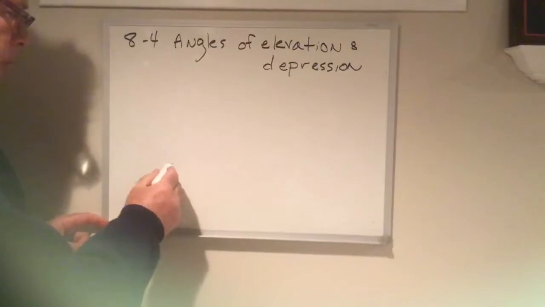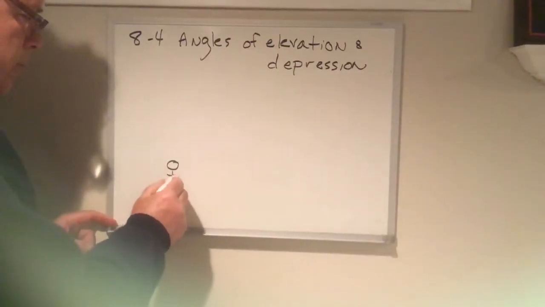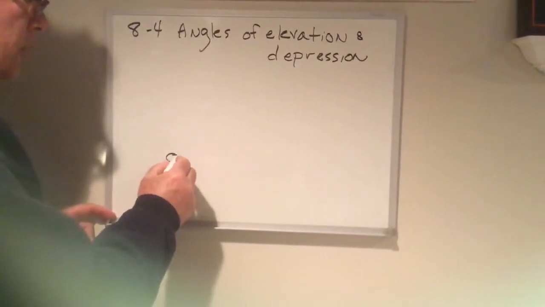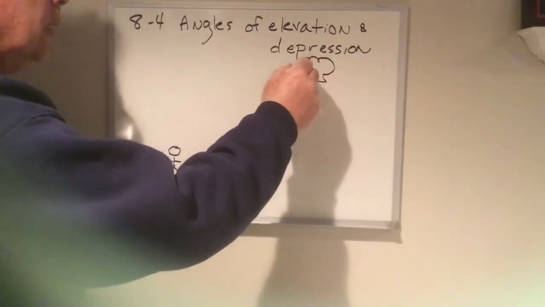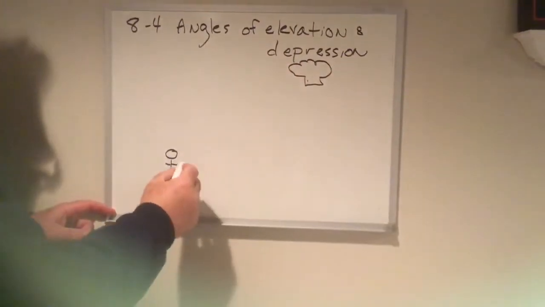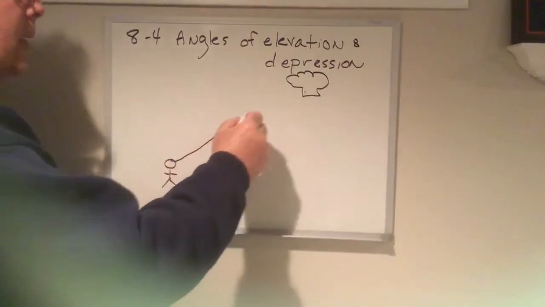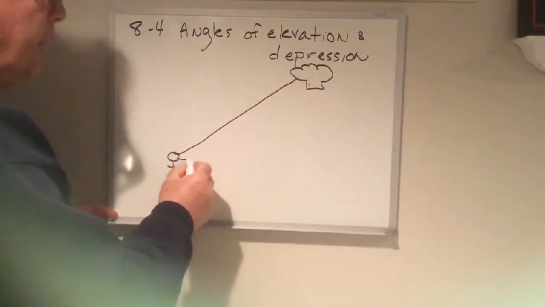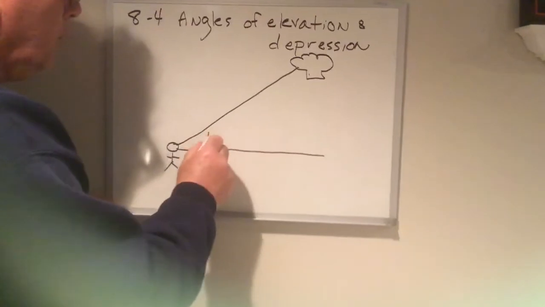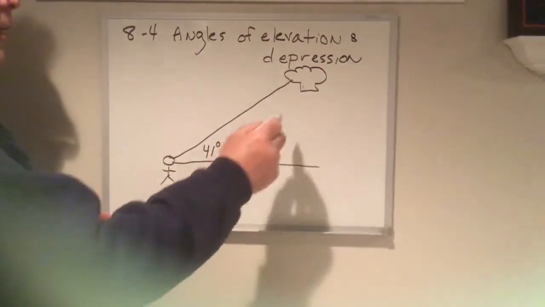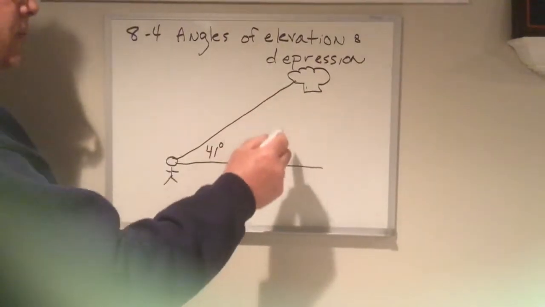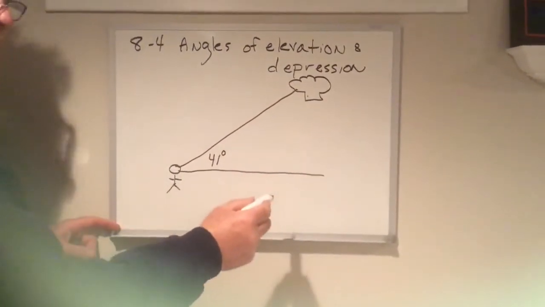Here's our meteorologist. There's the weather balloon. Looks like cauliflower in the air. The angle of elevation is 41 degrees. That's what an angle of elevation would look like, right?